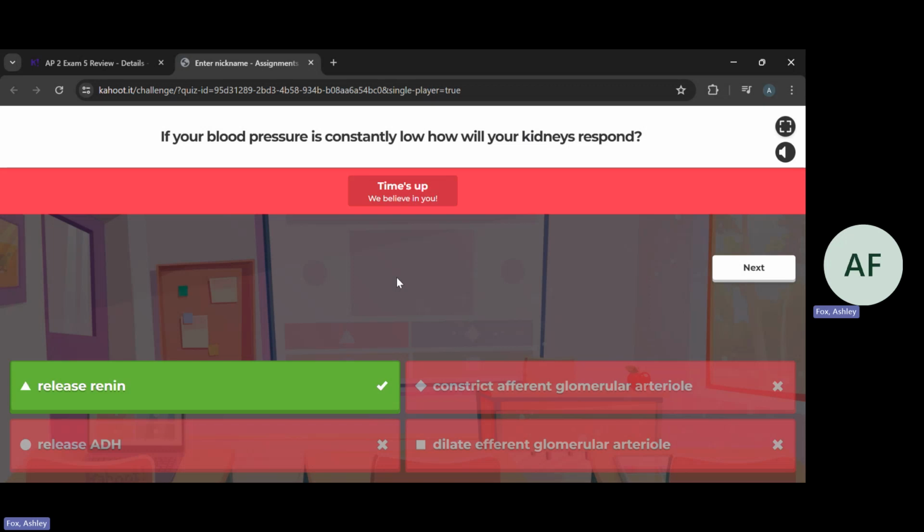And then aldosterone is going to increase your sodium reabsorption. And then remember, wherever sodium goes, water will follow. So by maintaining your water and urinating out less water, you're keeping more fluid in your vessels. And so therefore, you're keeping increased blood pressure in your vessels.